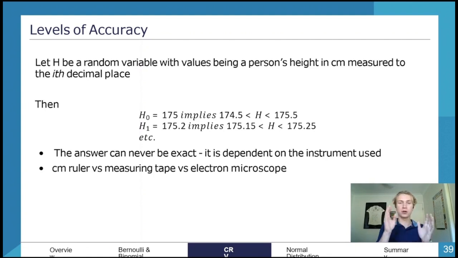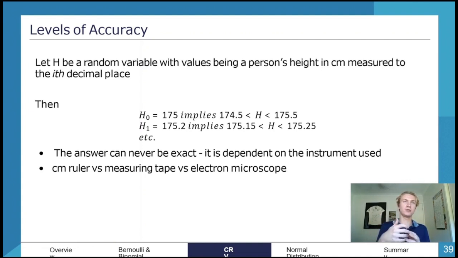It depends on the instrument used and its level of accuracy. You get more accuracy with an electron microscope versus a measuring tape, or a tape with millimeters versus a centimeter ruler.